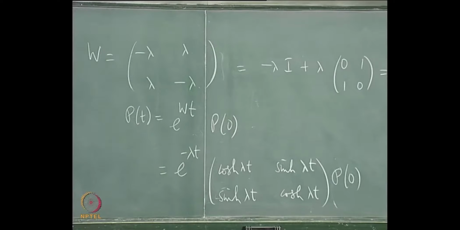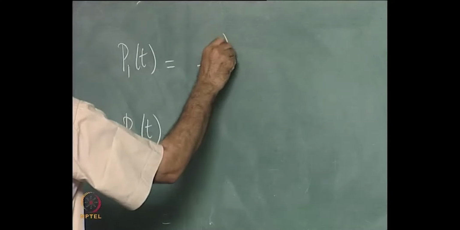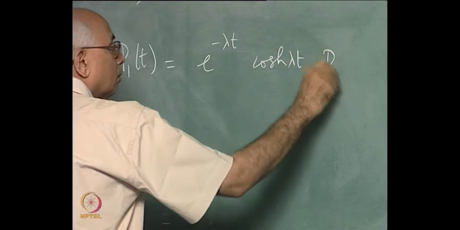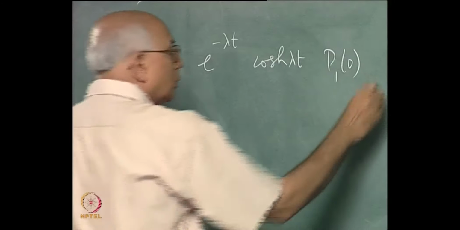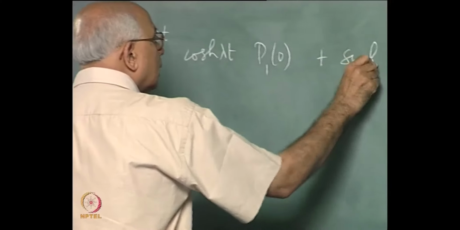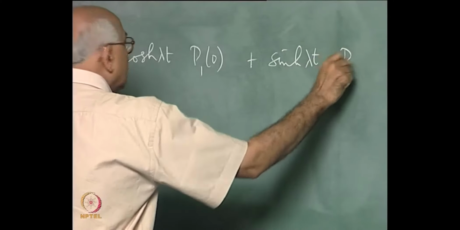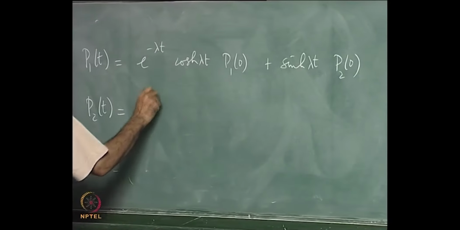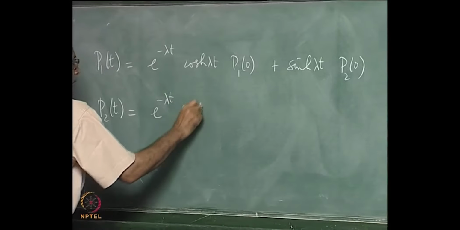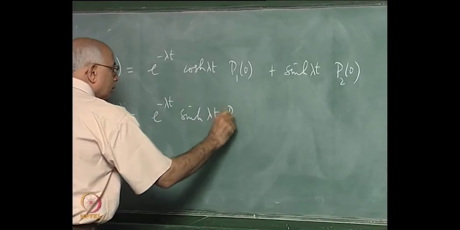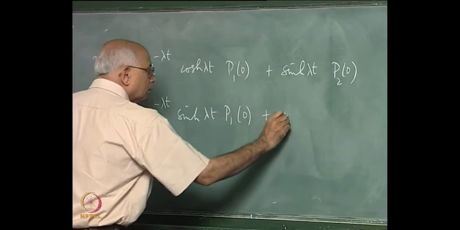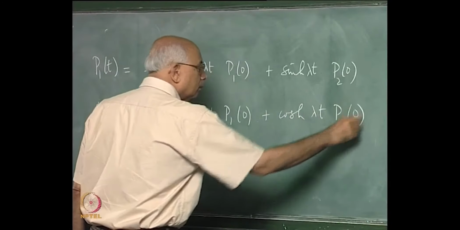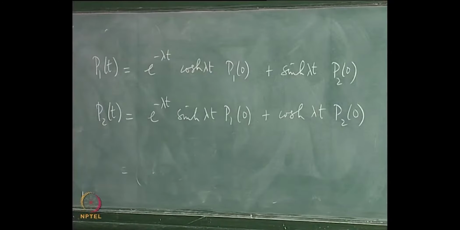So this gives you e to the power minus lambda t times cos hyperbolic lambda t P1 of 0 plus sine hyperbolic lambda t P2 of 0, and similarly for P2. That is it.